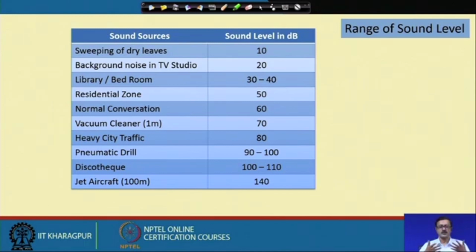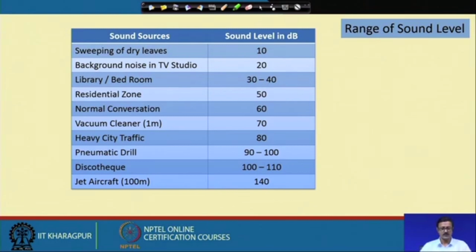Now, normal conversation, which we are doing now, is more or less 60; we have seen in the sound level meter 60 to 70, it is fluctuating. A vacuum cleaner, at 1 meter in front of it, gives you around 70. Heavy city traffic is 80.